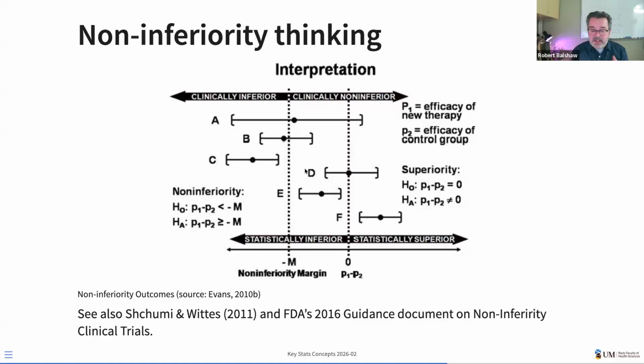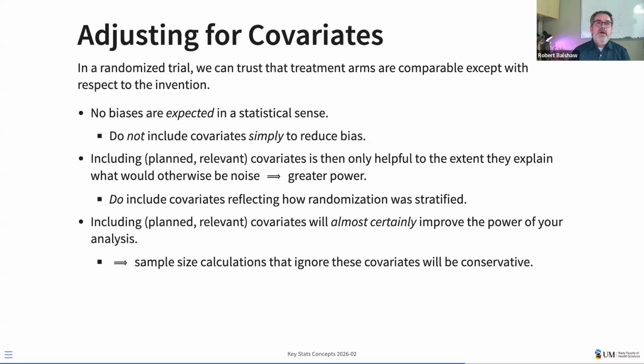That title really does capture the through-the-looking-glass feeling of experienced trialists who are used to null and alternative hypotheses having a certain relationship, and we end up flipping them. It's nicely explained and discussed in that paper. And the FDA in 2016 did come out with a formal guidance document on non-inferiority clinical trials.